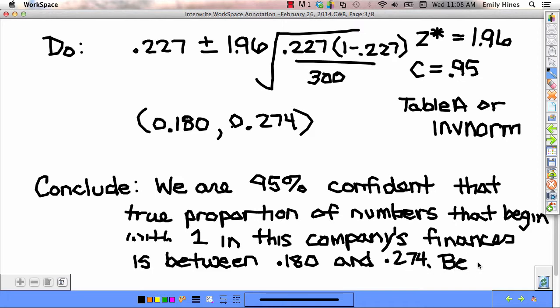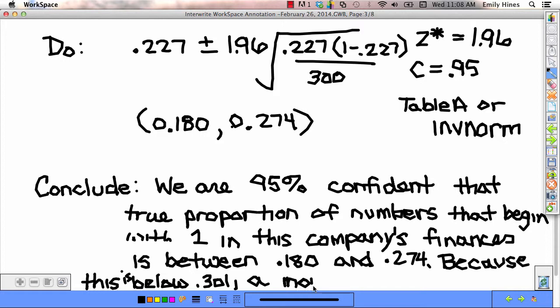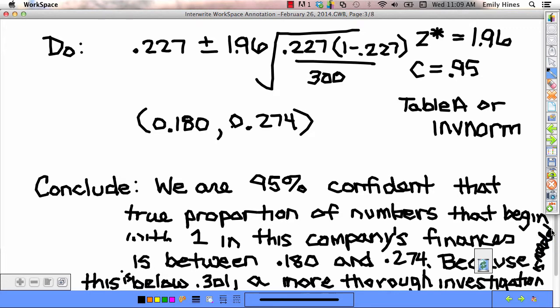Because this is below 0.301, a more thorough investigation is needed. I'm running out of room here, but okay.